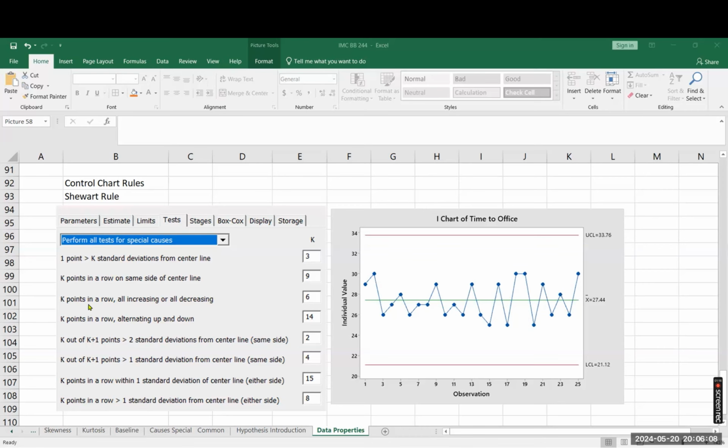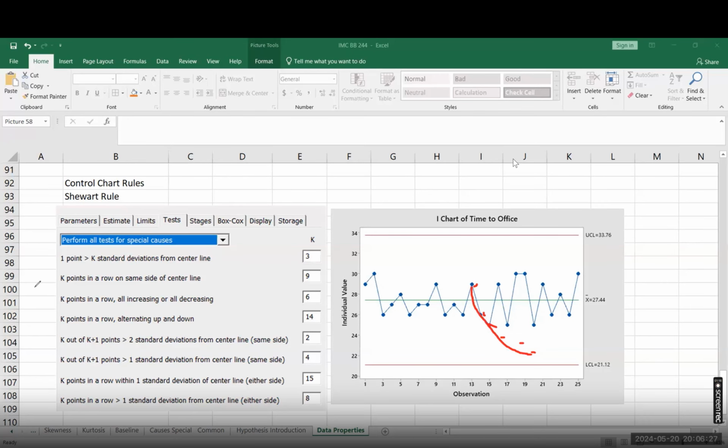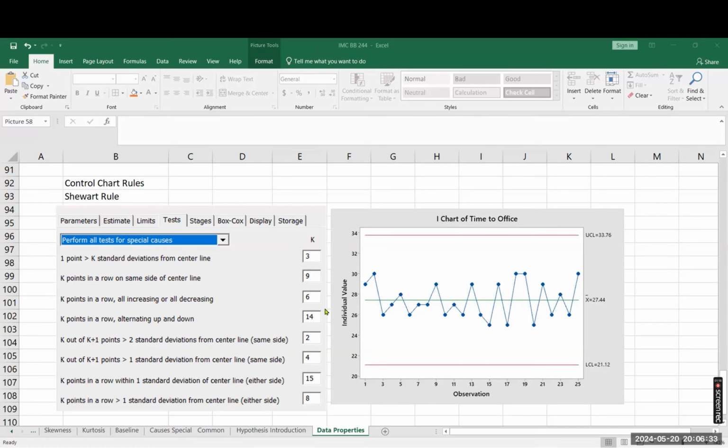Rule number 3: k points in a row increasing or decreasing. If 6 data points continuously, like this one here, this here, this here, 3 are decreasing, maybe you have 4, 5 or 6 like this, are in increasing or decreasing order, then rule number 3 will fail. There will be a special cause.